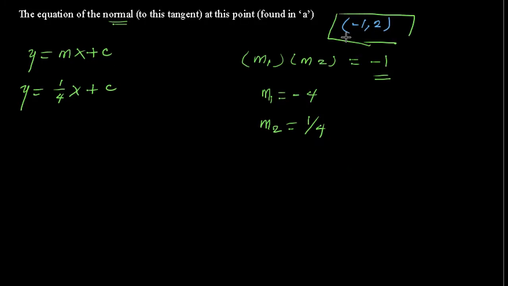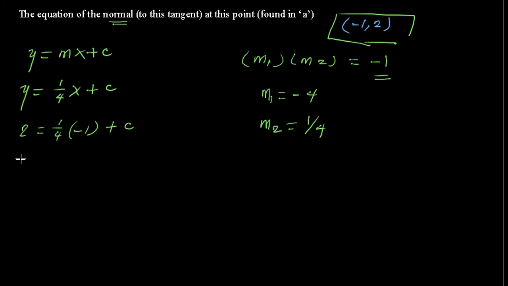So what I'm going to do is substitute these points into this equation. So where I see y, I'll put 2. See, 2 is the y value. So I'll say 2 is equal to 1/4 and x is -1 plus c. And you will now realize that there's only one unknown in this equation.